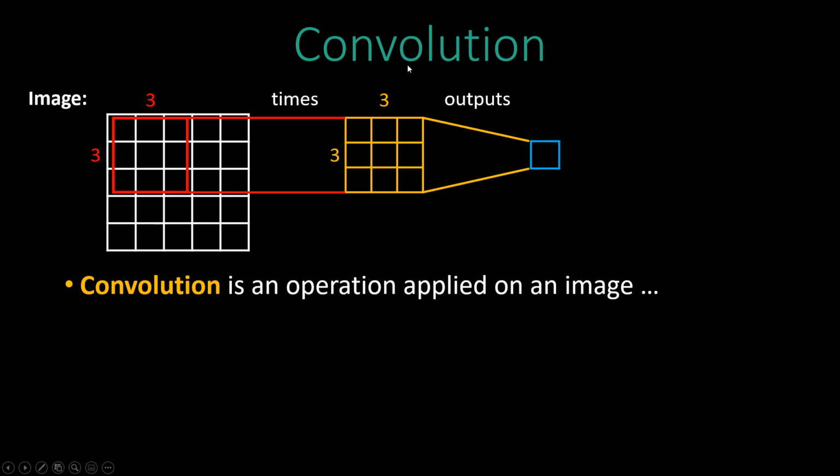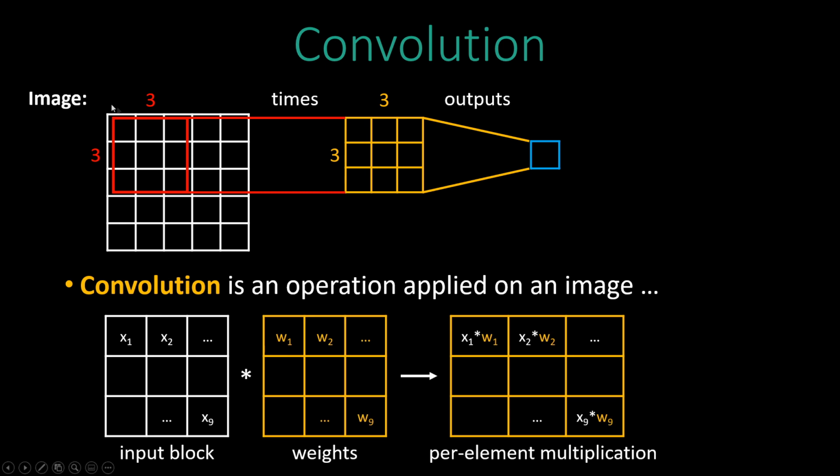This is an element-wise multiplication. It's not a matrix multiply in this case. This would be the input block from x1 to x9, multiplying with the weights w1 all the way to w9.